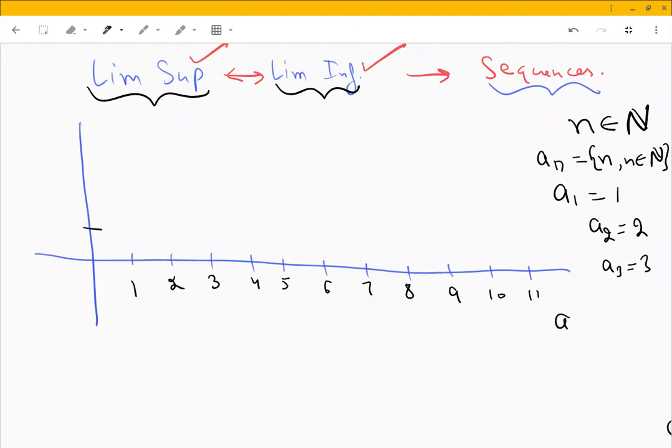Similarly, if I define a sequence like this, A_n is 1 plus 1 by n, where n belongs to naturals. So A1 would be 1 plus 1 over 1, that is 2. A2 in this case would be 1 plus 1 over 2. A3 would be 1 plus 1 over 3, and so on. You get the gist of it.